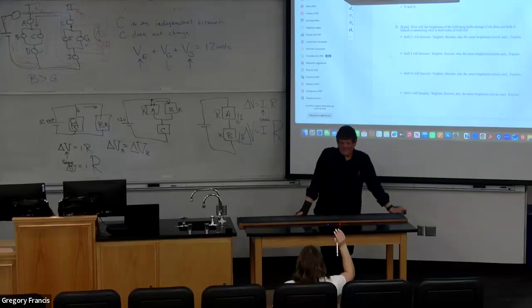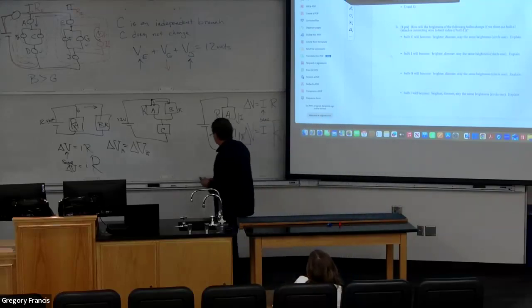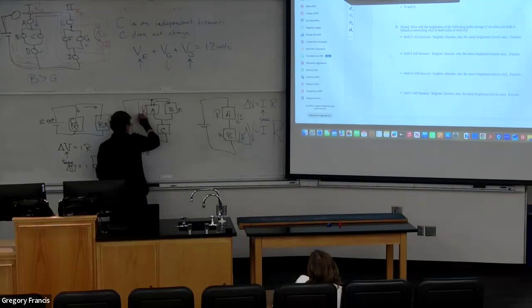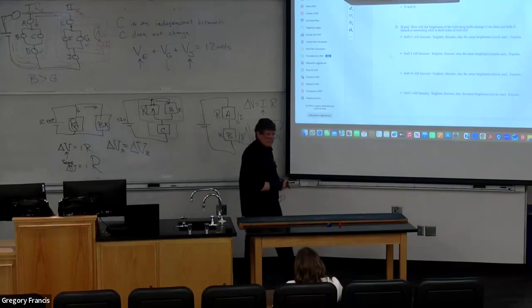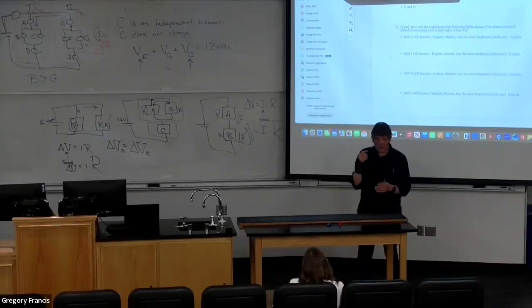Okay. And then how do you find in that middle one what the voltage is of C? Oh, the voltage, you would have to look at things that are in series, and C is in series with this parallel combination of A and B. And so I would have to compare the resistances of those two boxes.